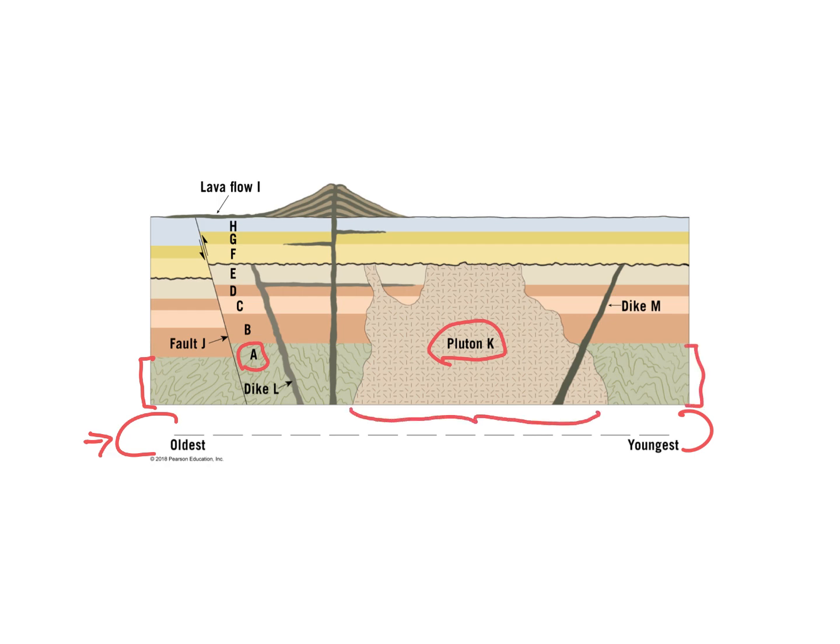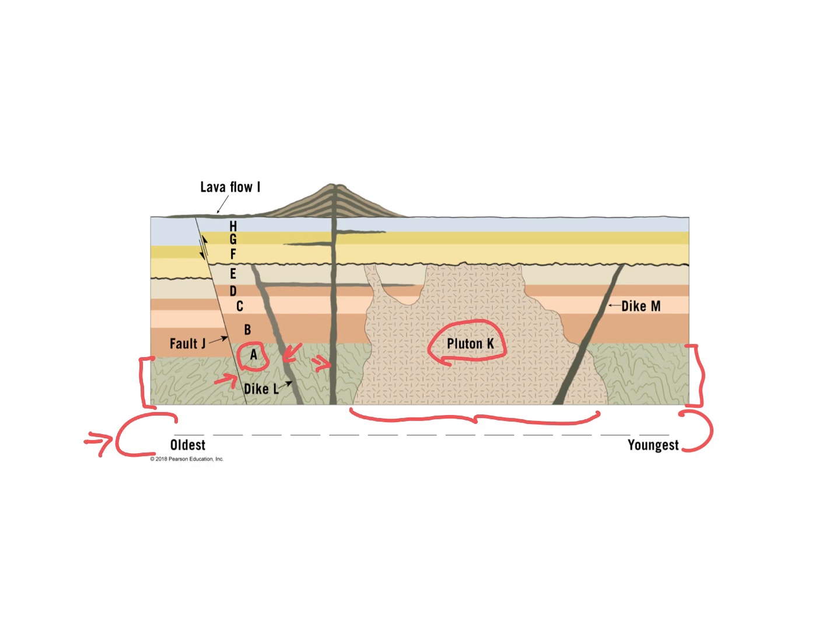It is certainly being cut by other things. This cuts it. This cuts it. These are dikes and volcanic pipes. This fault over here, J, cuts through the green layer. But there is no place where the green layer is cutting through something else.